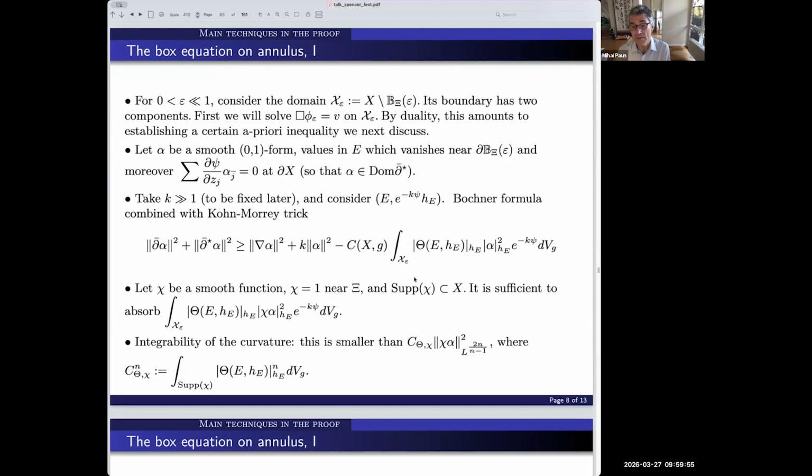So we measure chi times alpha with respect to a bigger norm, in L 2n divided by n minus 1.